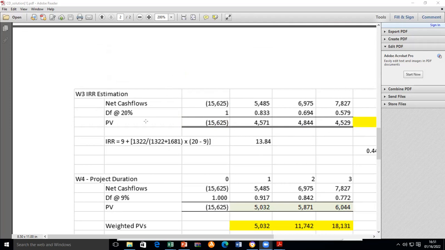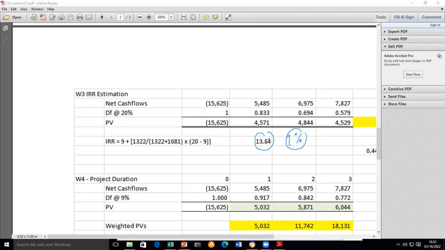Now how do we use this internal rate of return? We compare the internal rate of return with the company's cost of capital. Like this one, 13.84, the company's cost of capital is what? 10%.